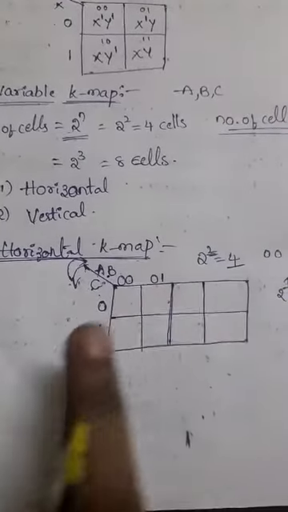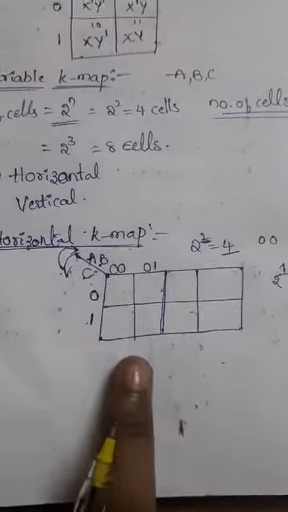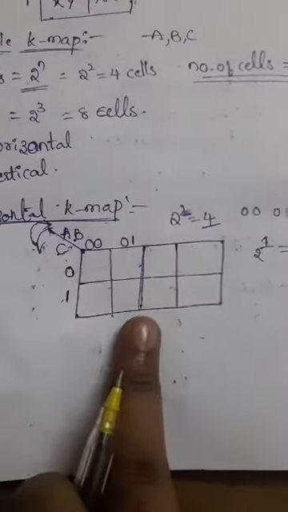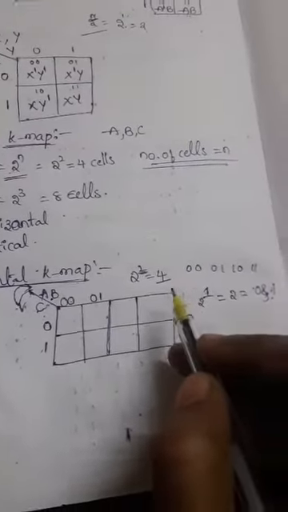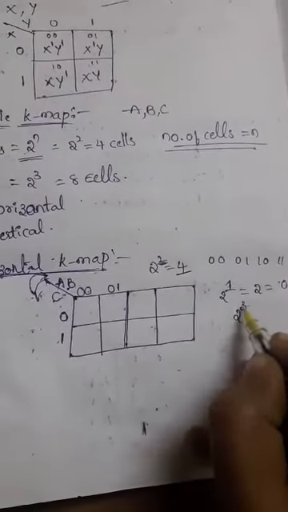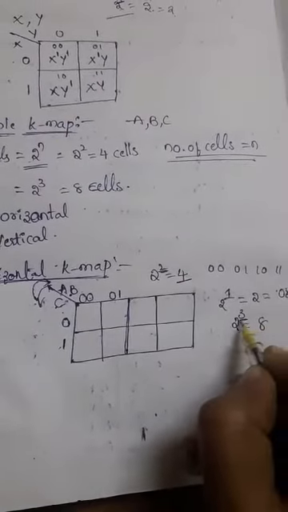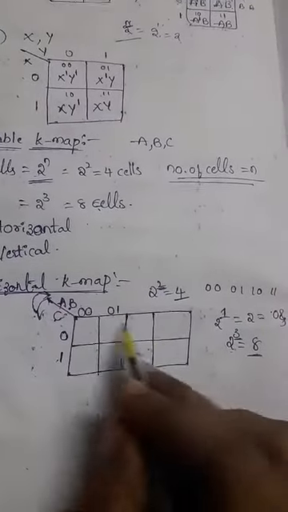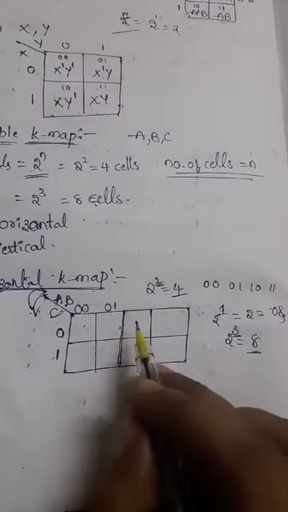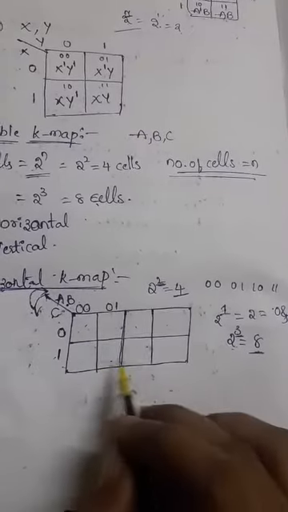So totally how many cells are now required in this K-map? Totally 8 cells, because 2 cube gives the 8 possibilities for these three variables. The 8 combinations we can consider as the cells 1, 2, 3, 4, 5, 6, 7, 8.